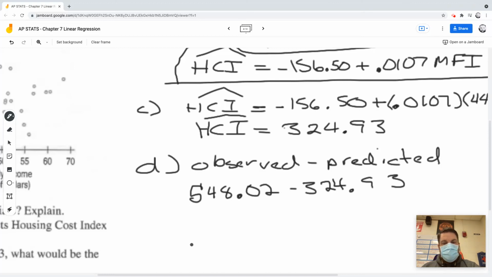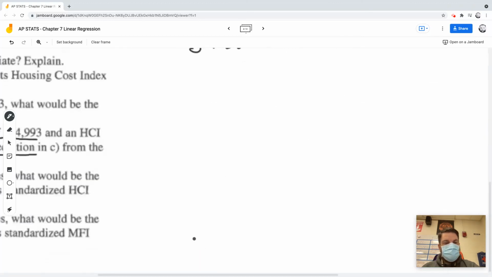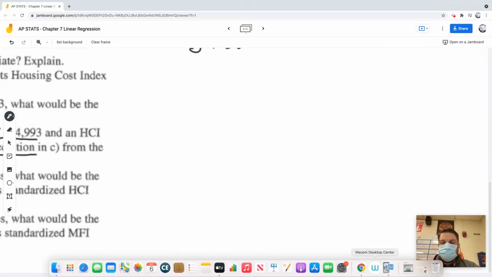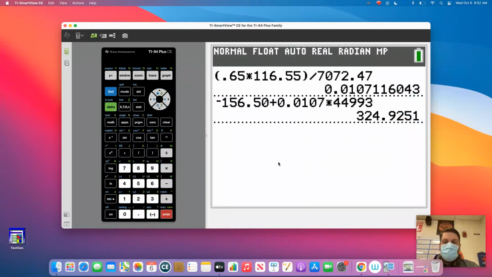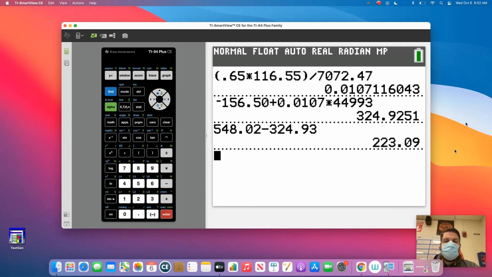And so, did I write that down right? Because the math doesn't seem to be. Yeah, it does. All right. So, again, we'll just do that on the calculator. 548.02 minus 324.93. So you get 223.09.